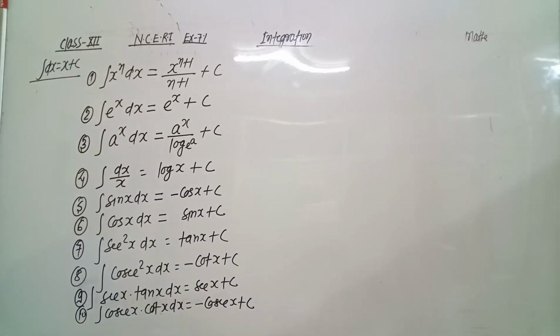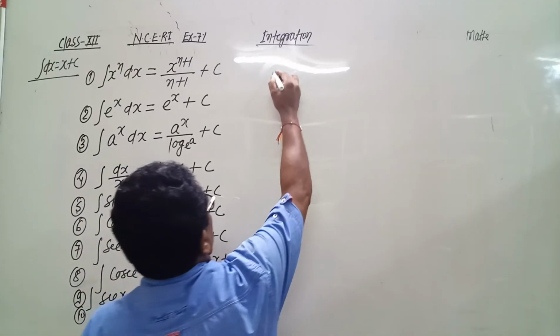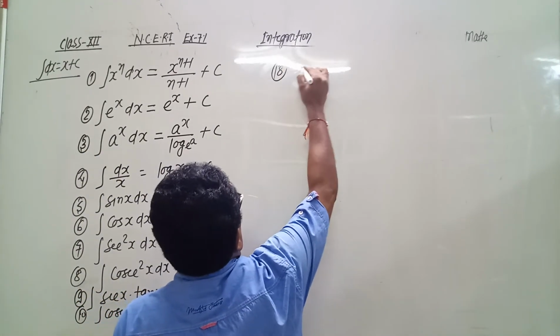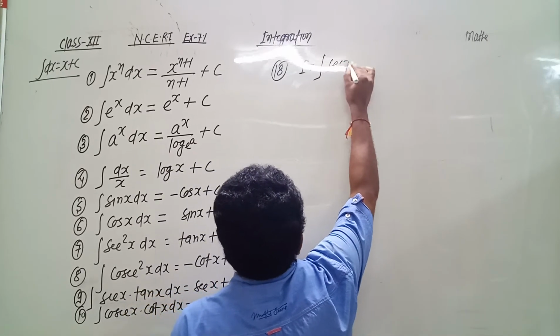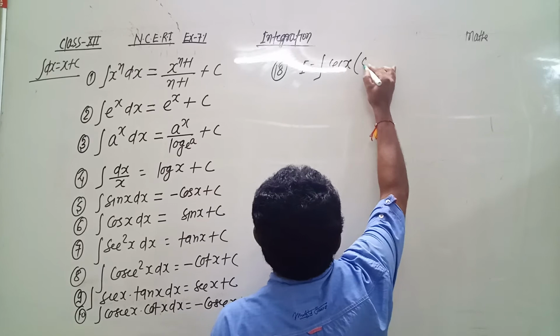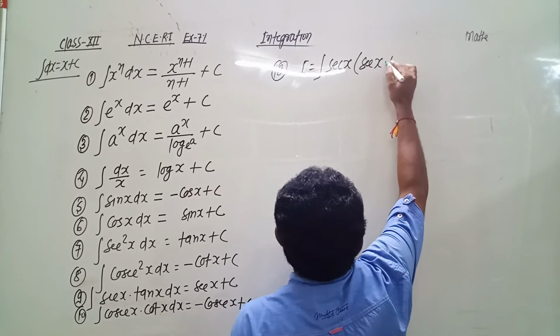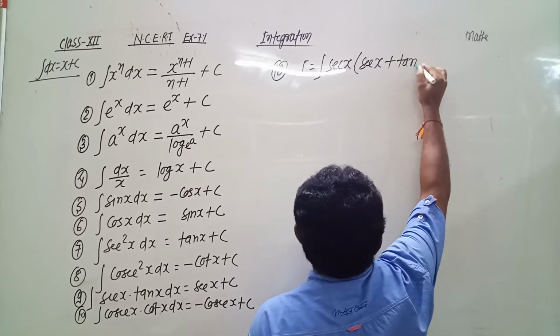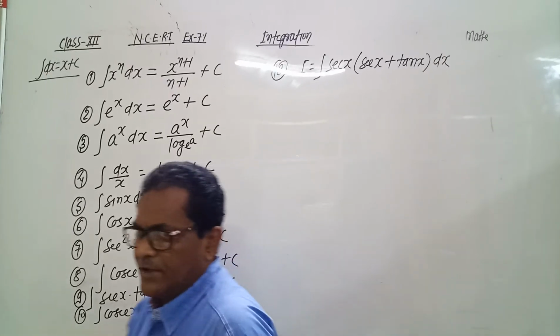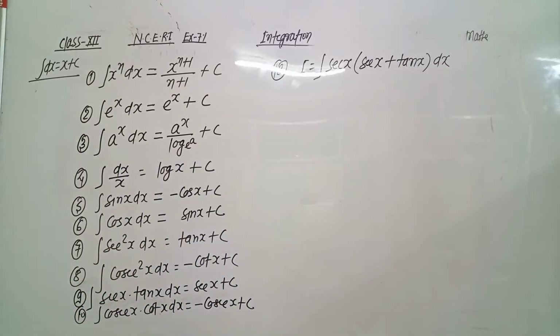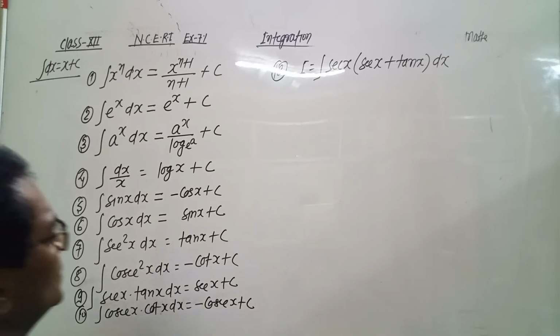This is the integration of sec x into sec x plus tan x. I equals integration of sec x times (sec x plus tan x) dx. So firstly we remove the bracket by multiplying the corresponding terms.